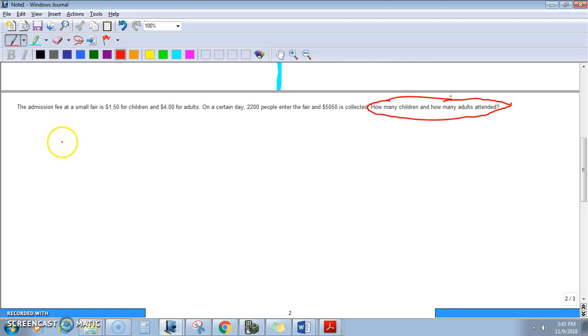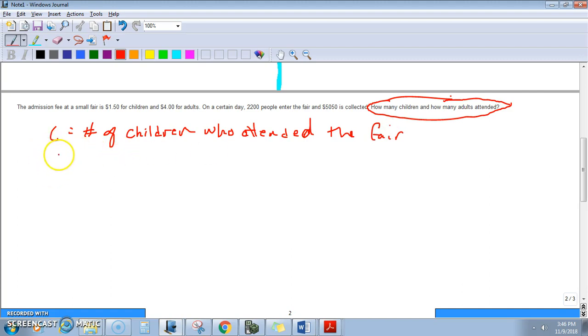And I'm going to use C for children and A for adults, and we're trying to figure out how many people attended, right? So we're going to go ahead and say C is equal to the number of children who attended the fair, and you guys are probably ahead of me.